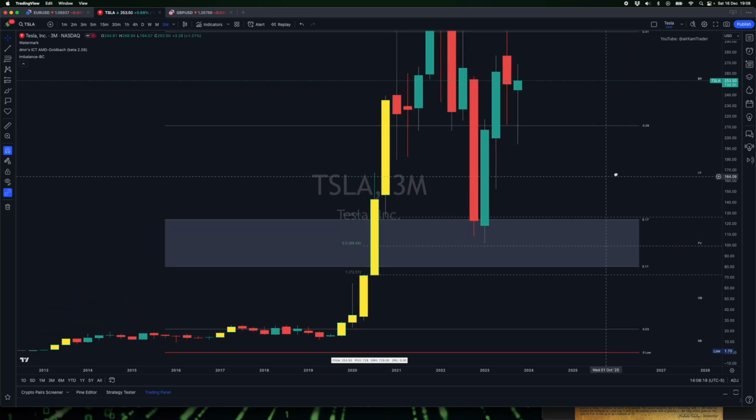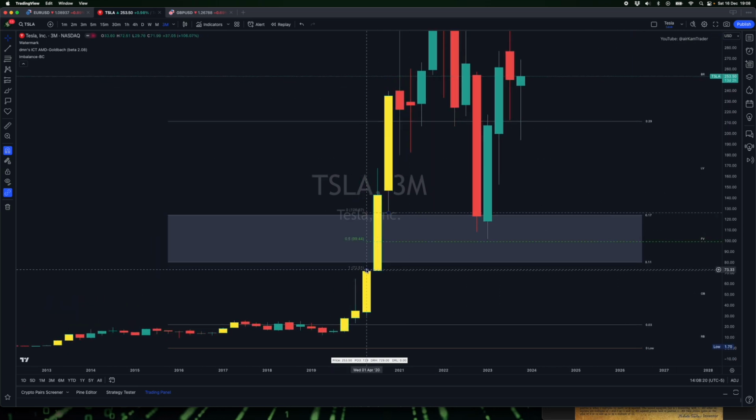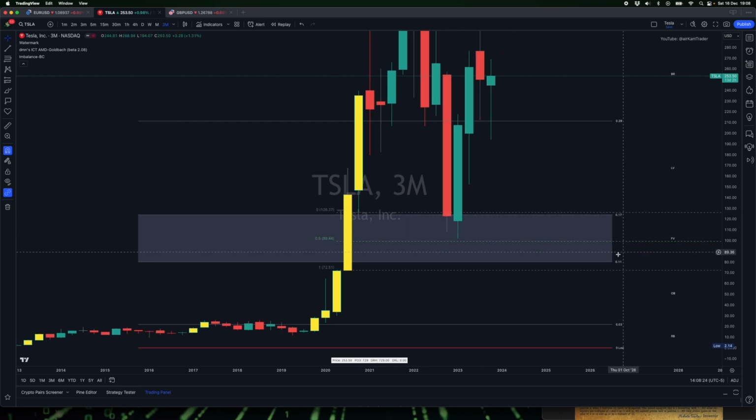So once again, I'm a Goldbach trader, so I don't look so much at the candles. I care about the GB partitions. This is where the fair value gap will form according to Goldbach. So I typically don't use the candle consequent encroachment.